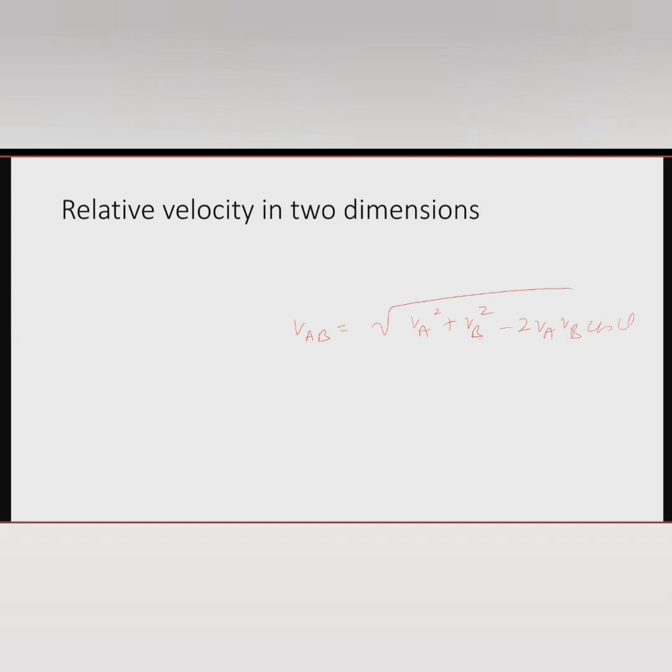But please remember that this negative sign comes because of the fact that cos(180 minus theta) is minus cos theta. Okay? Considering that, we replace it with negative here.